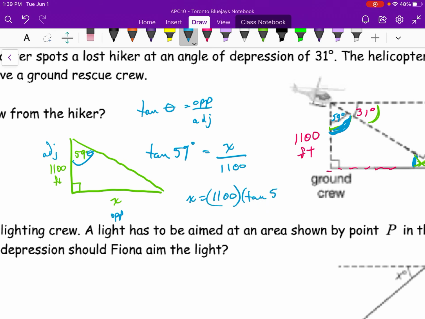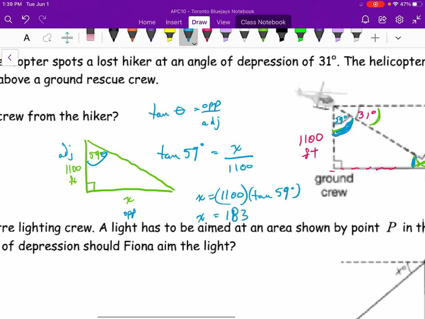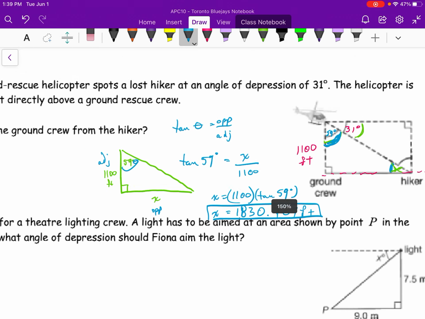So x is equal to 1,100 times the tangent of 59 degrees. So I know that I'm using a different angle in my calculation, but as long as I set it up correctly, I should end up with the same answer, and lo and behold, I do.